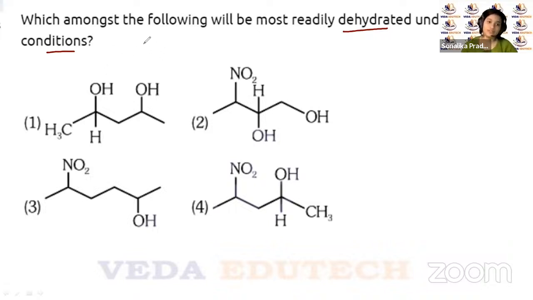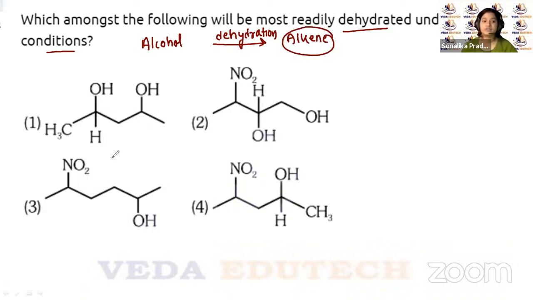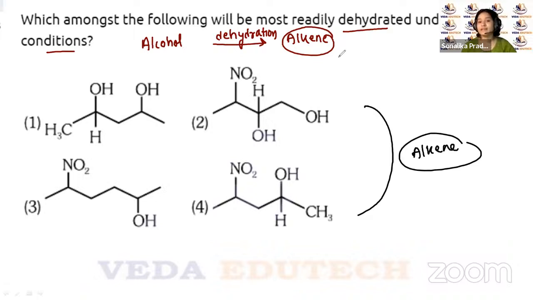We know that whenever an alcohol undergoes dehydration, it is going to form an alkene. All of these, when they undergo dehydration, are going to form alkenes, and the alkene which is most stable will be formed readily.